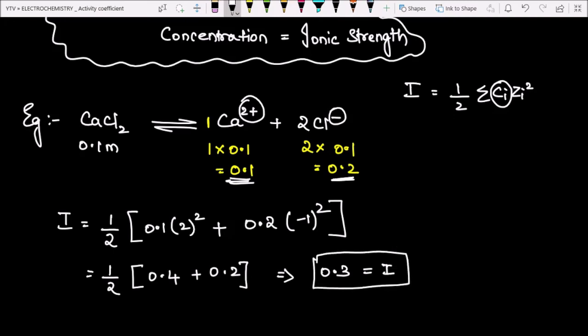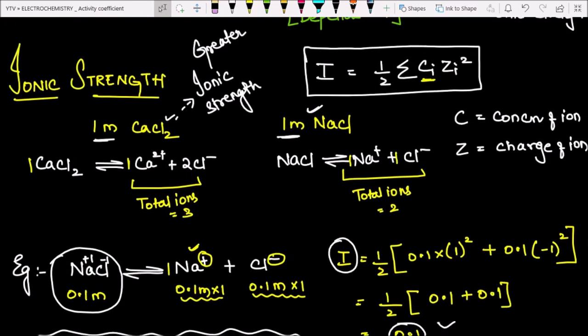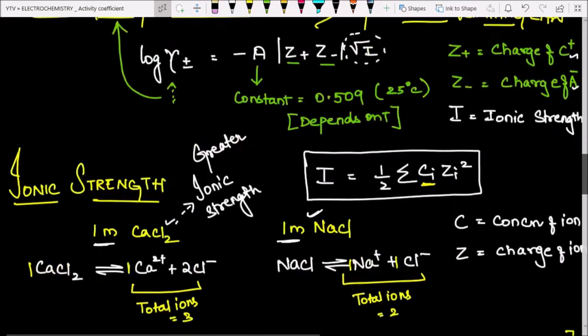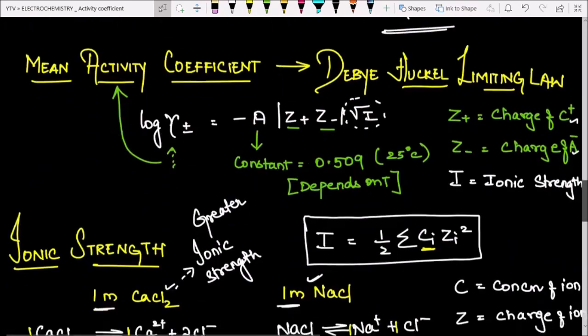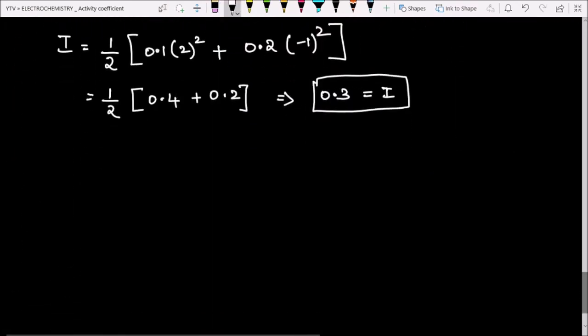Can you see the ionic strength of CaCl2 is 0.3 for the same concentration? But the ionic strength of NaCl, what did we get? The ionic strength of NaCl is equal to 0.1. Now what to do if we have a mixture? If we have two salts present in a mixture, how will we find out?